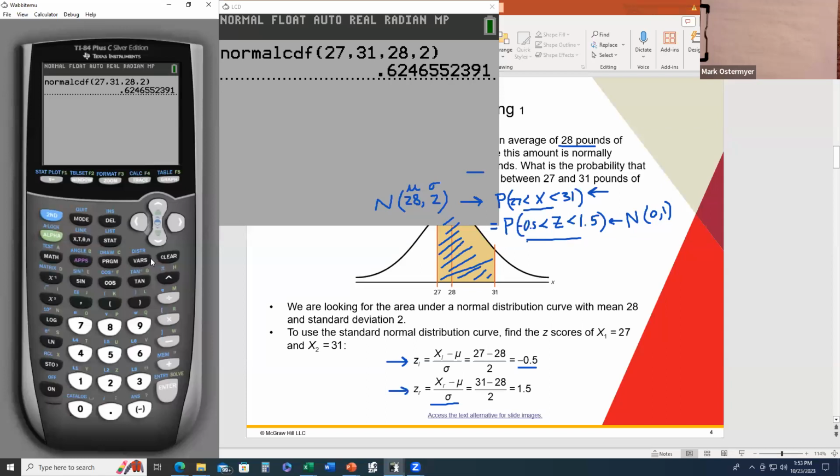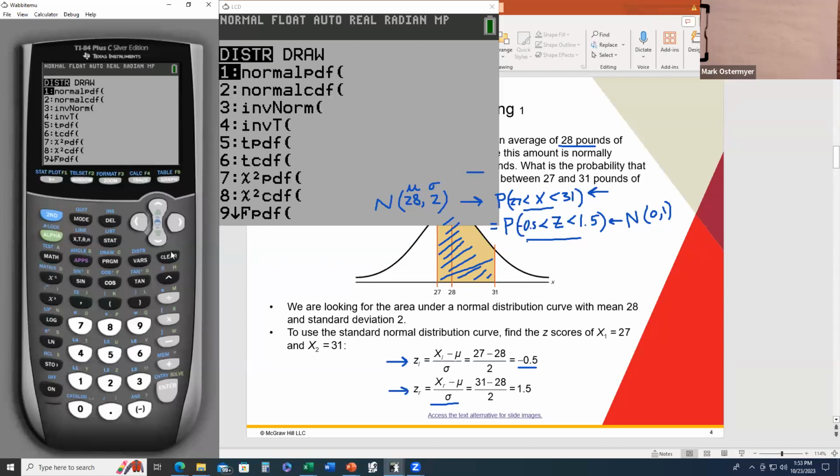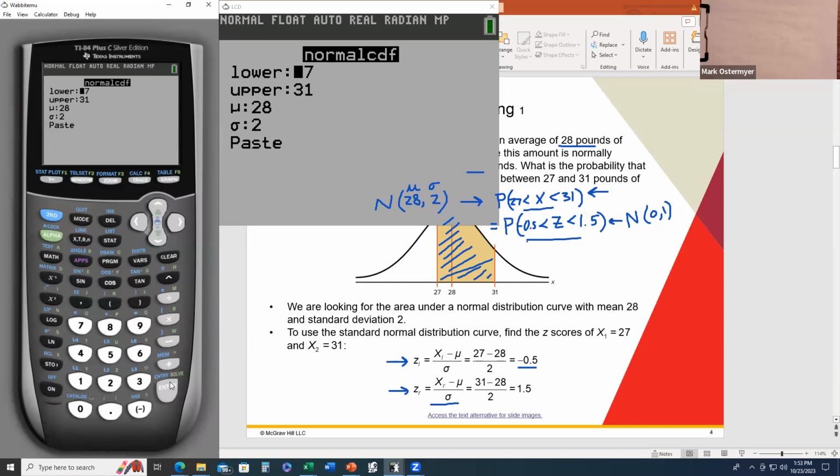So I'm going to go back and grab the normal CDF function. And I'm going to type in negative 0.5 for the lower endpoint, and the upper endpoint is positive 1.5. And this is for the standard normal distribution now.